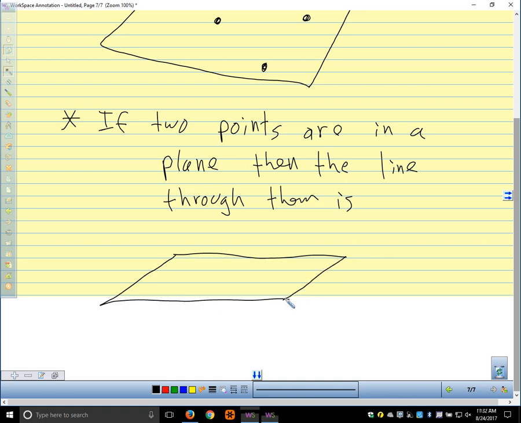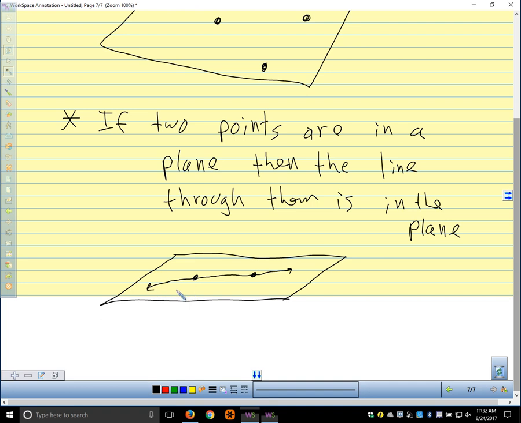Here's a plane. Here are two points that are on the plane. And I'm going to draw a line through those two points. Where does that line have to be? In the plane, exactly. So that line is going to be in the plane also.